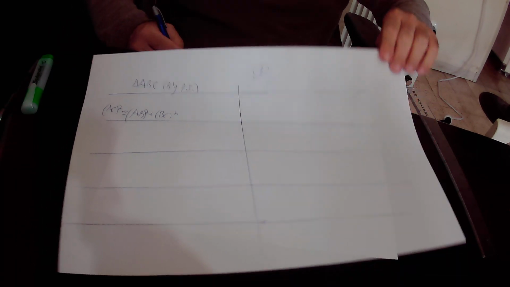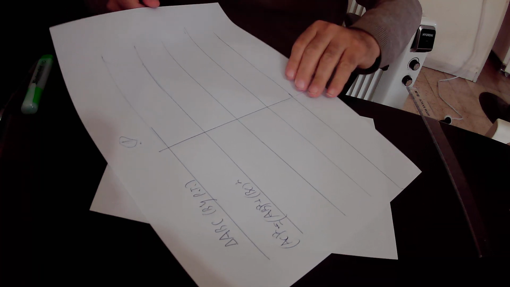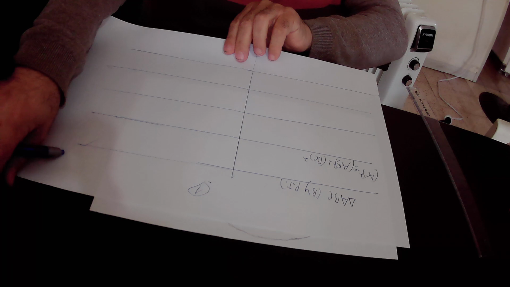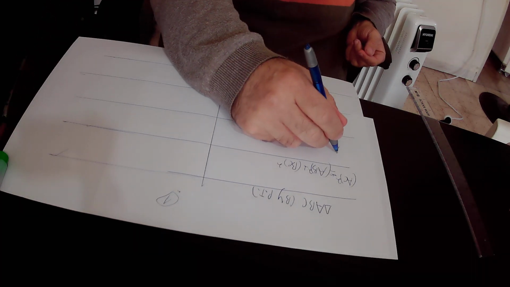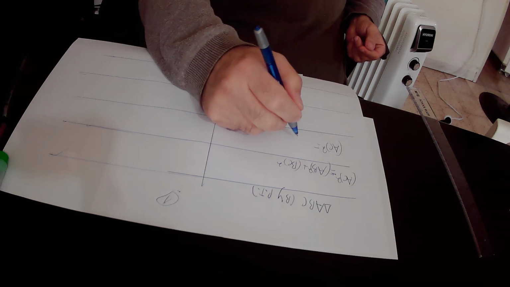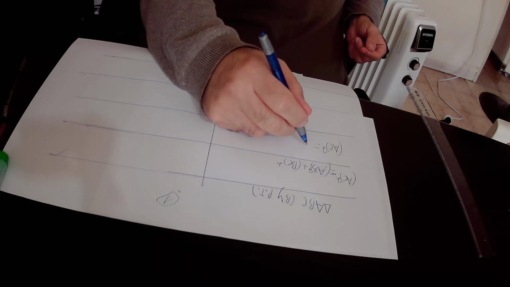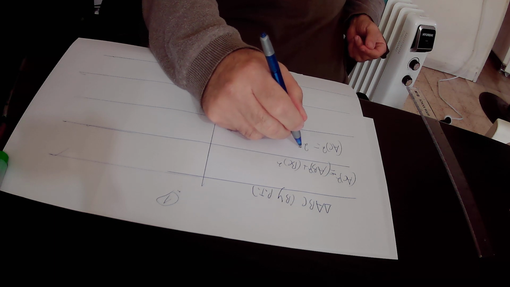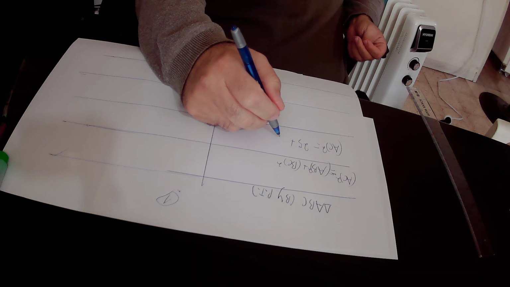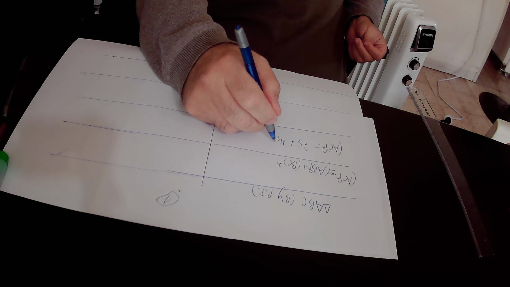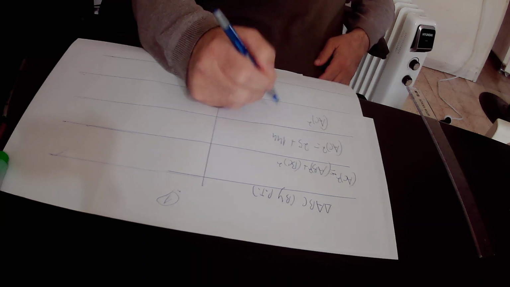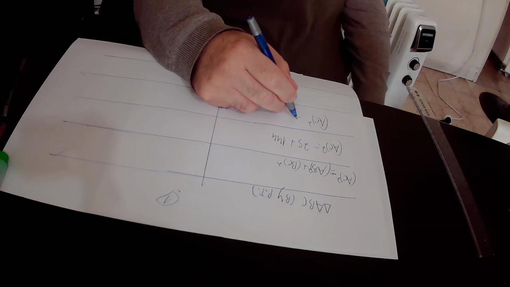So AC square equals AB square. AB is 5, therefore AB square is 5 squared, that is 25, plus BC square. BC is 12, therefore BC square is 12 squared, that is 144. So AC square equals 25 plus 144 is 169.